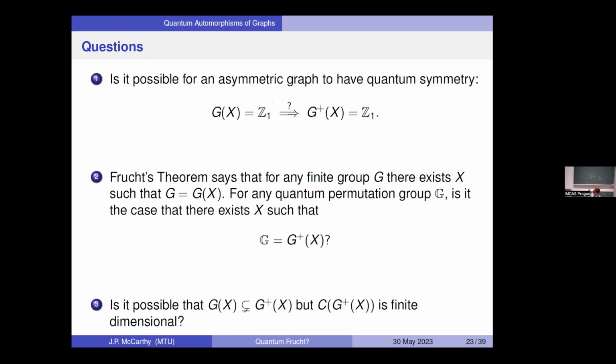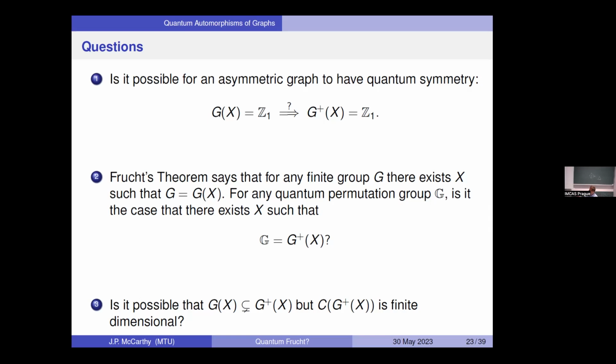Okay, so the questions that arise, say for me, coming into this stuff, learning about quantum automorphisms: the first question is, is it possible for an asymmetric graph to have quantum symmetry? That's a nice question. The question that's obviously the topic for today, I suppose, would have been: is every finite group a group of symmetries of some object? A reasonable question.